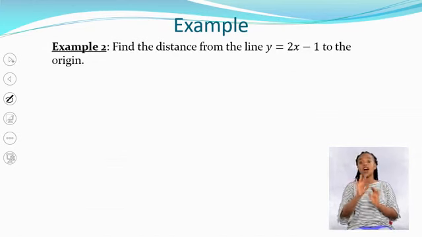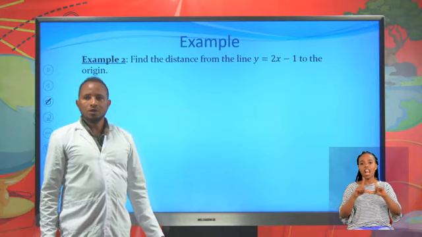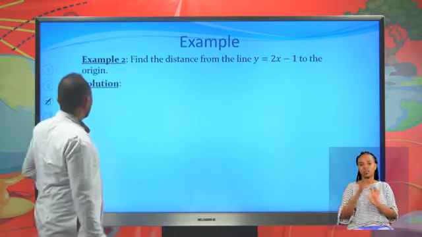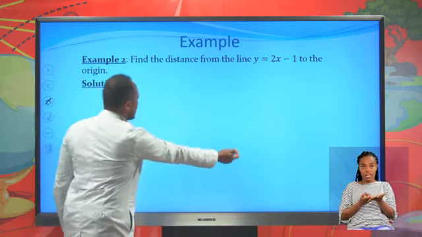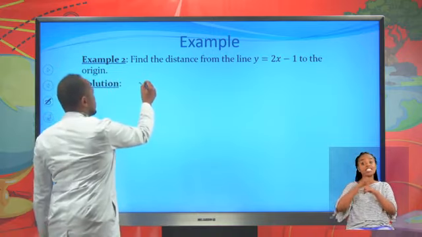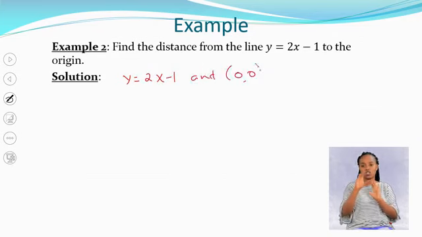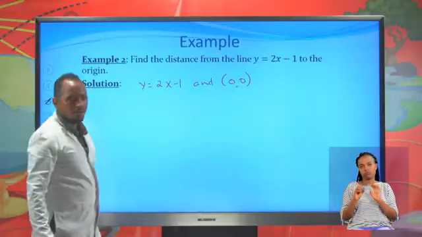Find the distance from the line y = 2x - 1 to the origin. Here we are asked to find the distance between y = 2x - 1 and the origin. The point is (0, 0) here.